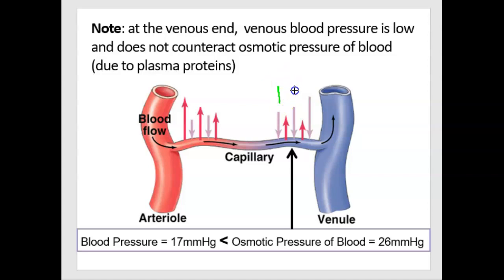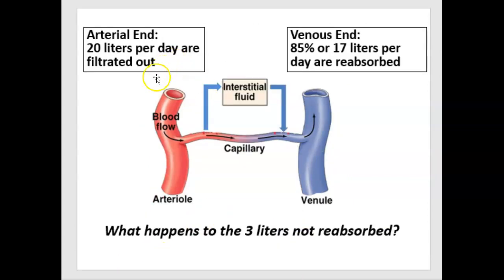So 17 out. And the osmotic pressure inward is 26. At the arterial end, of course, the blood pressure is so high that the osmotic pressure of the blood is overcome, and 20 liters per day are filtered out of the arterial end of the capillary.